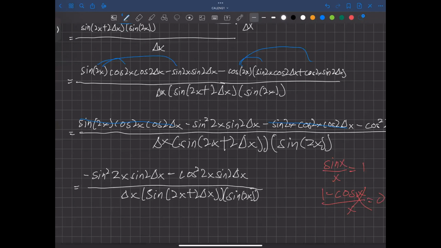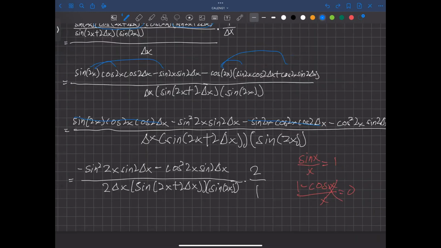So to do that, we want to multiply 2 to delta x, and to make it possible, we have to multiply the numerator with 2 as well, so that we can get sine delta x over delta x. Now, where can we get that?